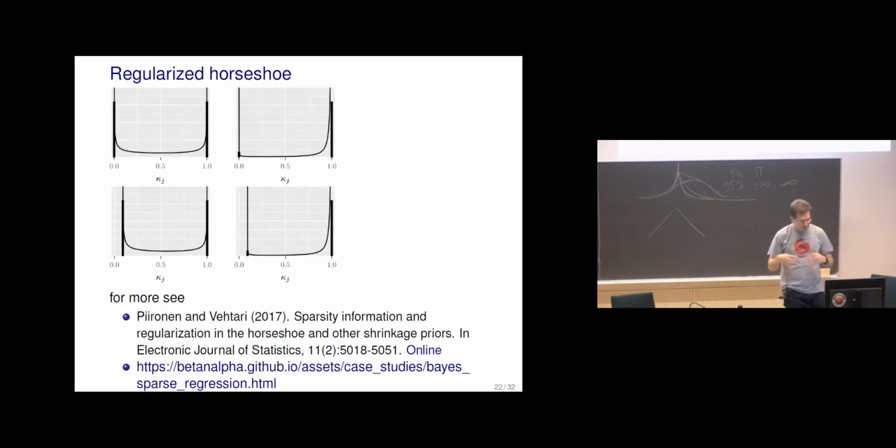And actually, instead of the original horseshoe, I recommend the regularized horseshoe, where we have an additional parameter deciding how much we shrink also the big ones. This is useful when we have many variables. With a noisy target, we want to also shrink those largest ones a little bit, and then we can control that or integrate over that uncertainty.